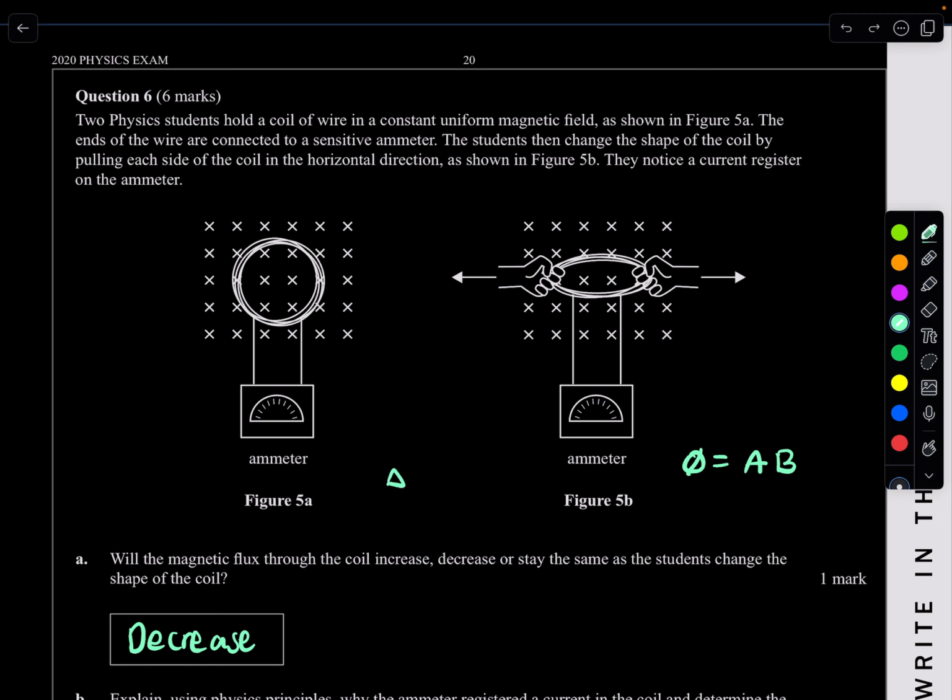So there's now a change in flux. Remember, EMF, which is voltage, only gets produced when there is a change in flux. And because we've decreased the flux, there's going to be an EMF produced. And remember, EMF is just voltage. If there is a voltage produced, there is also going to be current produced.